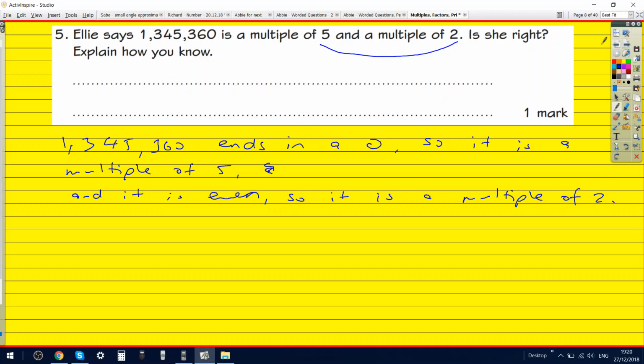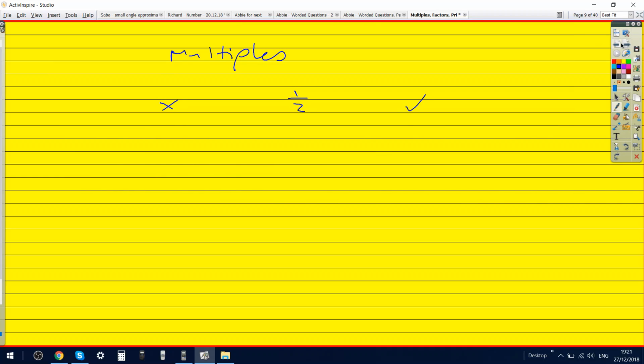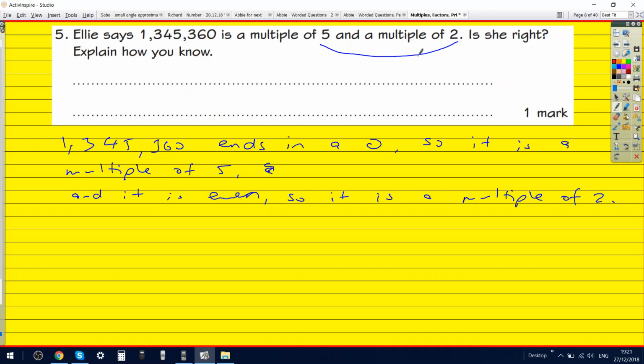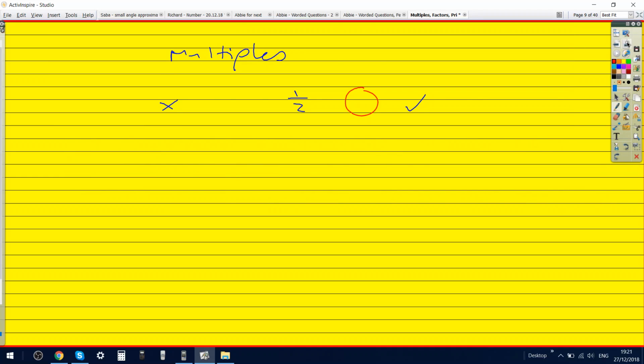Okay, that's our answer there. So what would you give yourself for multiples? A cross, a half, or a tick? Maybe a half. You can see that your answer is fine. It ends in a 0, so it's a multiple of 5, and it's even, so it's a multiple of 2.